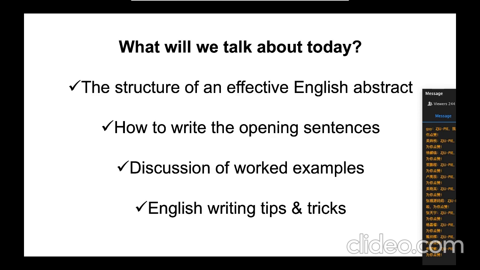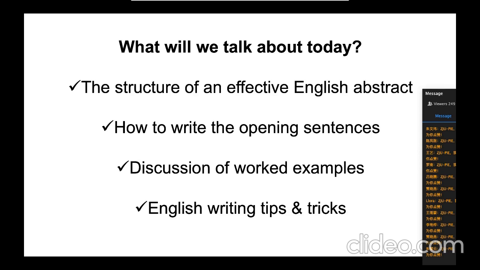Here's what we're going to talk about today in our presentation for you this afternoon. 4 things: the structure of an effective English abstract, how to write the opening sentences of an English abstract. We're going to talk through some worked examples of English abstracts so that you can see how to do it, how some of the tricks and tips in English writing work.